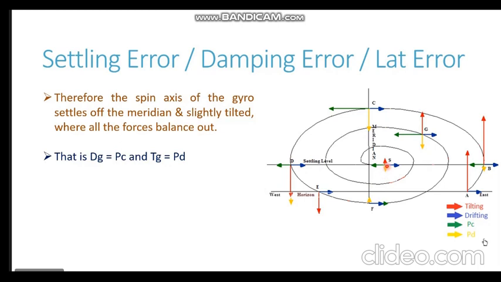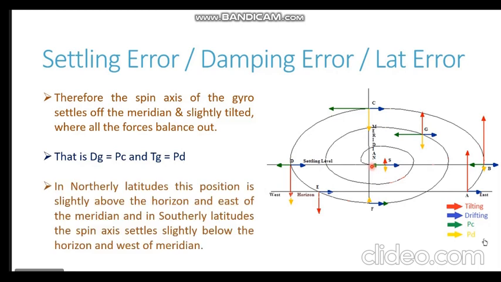Now I need to generate westerly precession to counteract the drifting. Westerly precession is generated when the spin axis is tilted upwards, when there is an upward tilt. Upward tilt is generated when the tilting motion is upward.